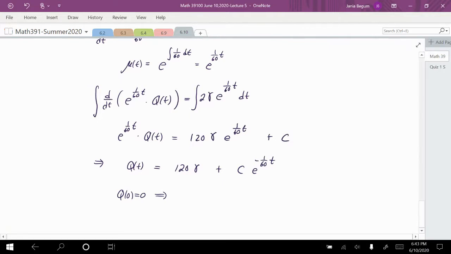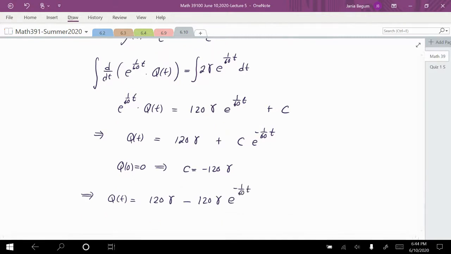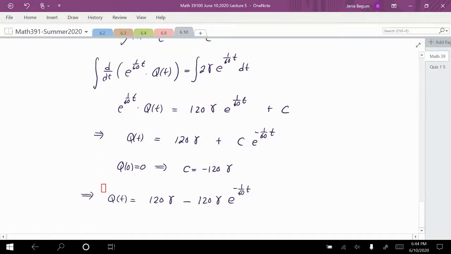So we have c is equal to negative 120 gamma. Okay? So therefore, our model is going to be q of t is 120 gamma minus 120 gamma e to the negative 1 over 60 t. So that will be the answer to part B.